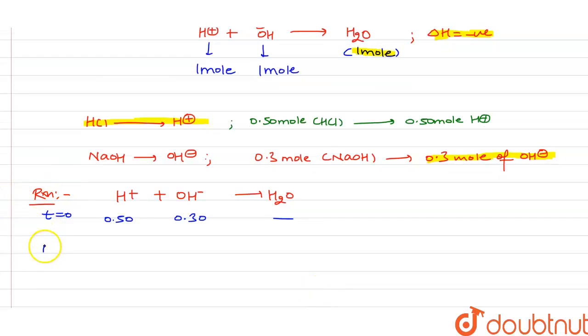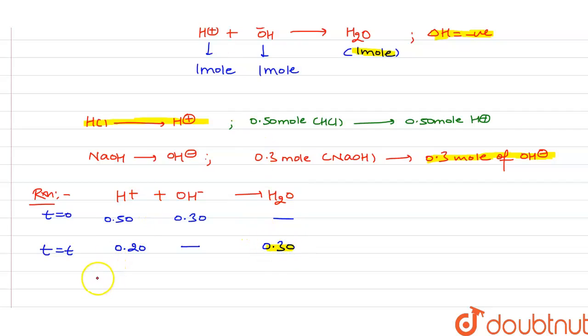Now what happens at time t when 0.30 is neutralized with 0.50 of H plus? It just got neutralized and here we are having only 0.20 mole of H plus left in the solution, and we will have in the solution 0.30 mole of water.